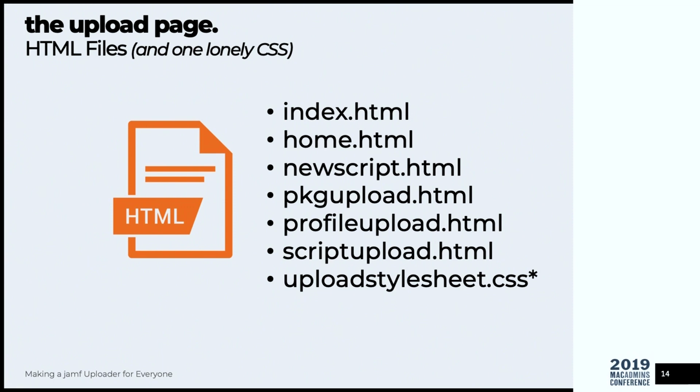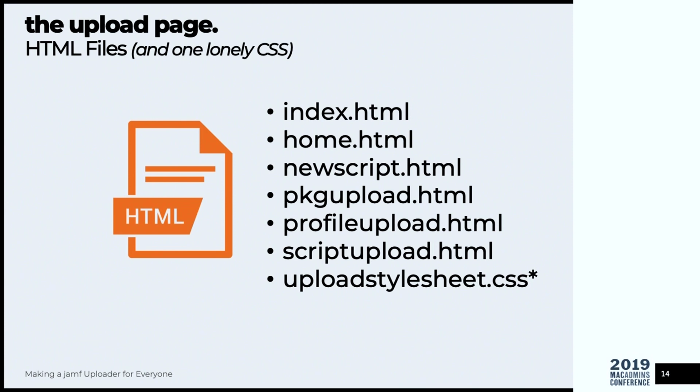These pages do a few things. Mainly, they contain everything the user will see and interact with when using the upload page. However, they also have the important task of posting or sending information to the PHP pages. I'll be going into more details on this and breaking it down a few slides later.